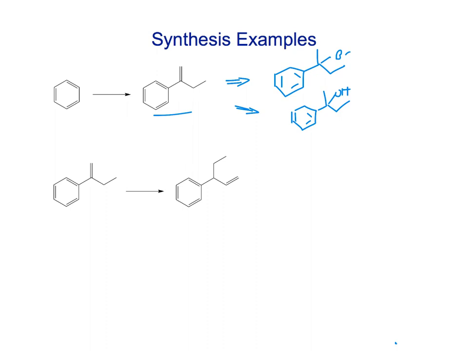Because both of these, if they were going to eliminate, would follow Zaitsev's rule and they would yield the more highly substituted alkene. All right, so neither of these are actually very good ways to synthesize this compound.